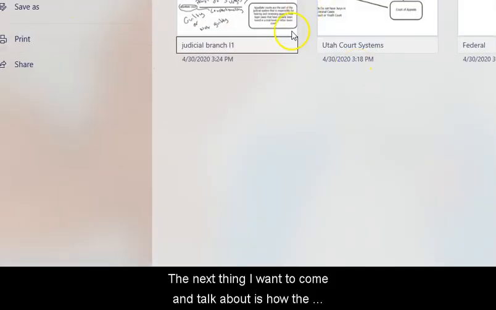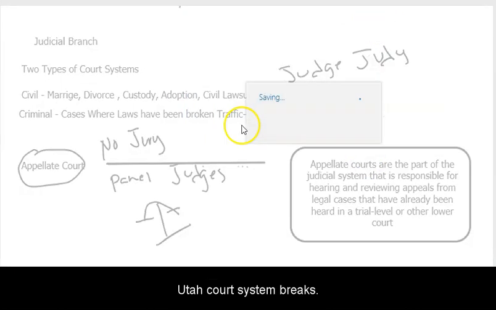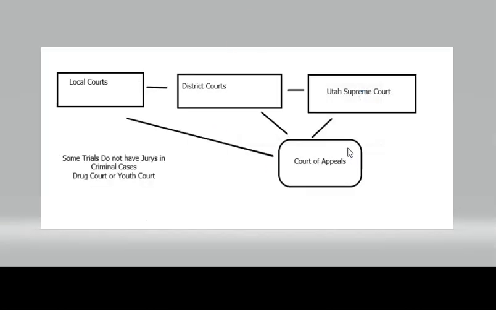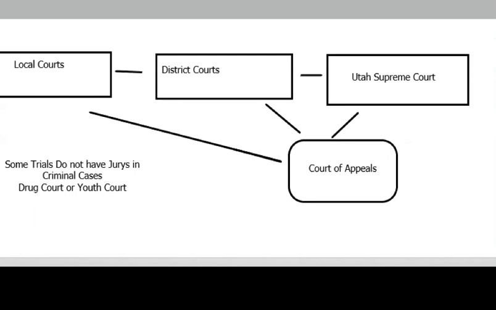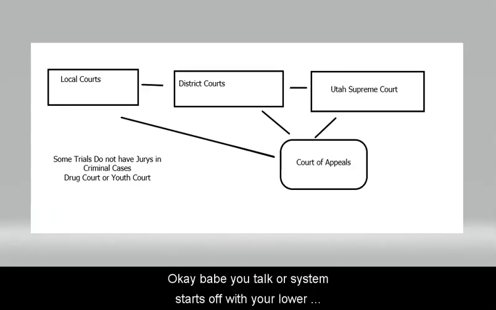Okay, so the next thing I want to talk about is how the Utah court system breaks down. So the Utah court system, I'll increase the size of that. Okay, the Utah court system starts off with your lower courts, which is your local courts.